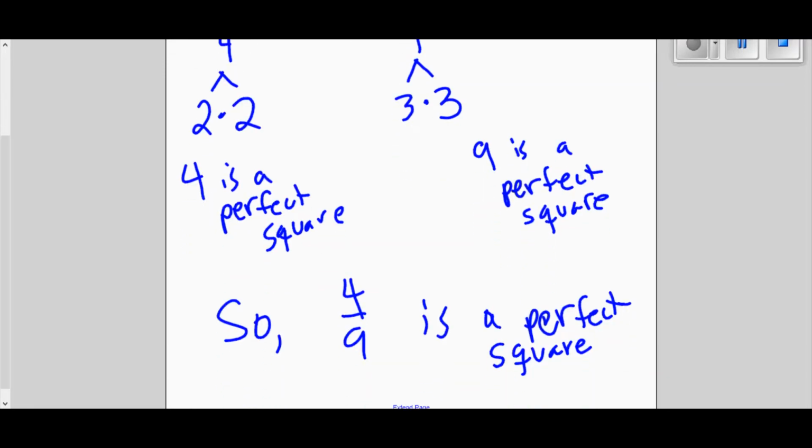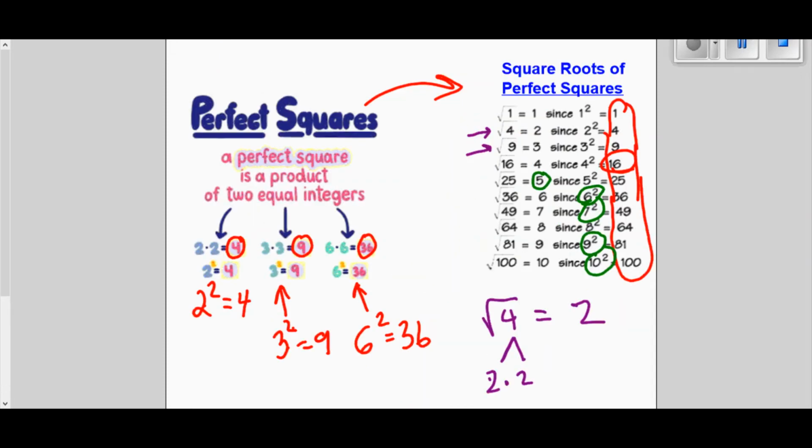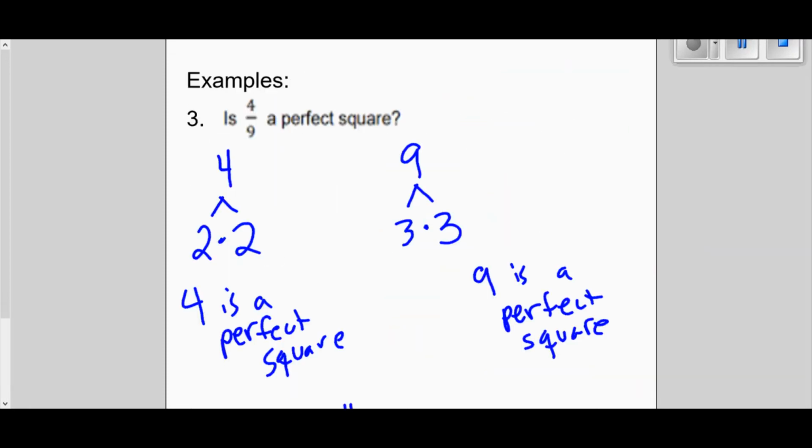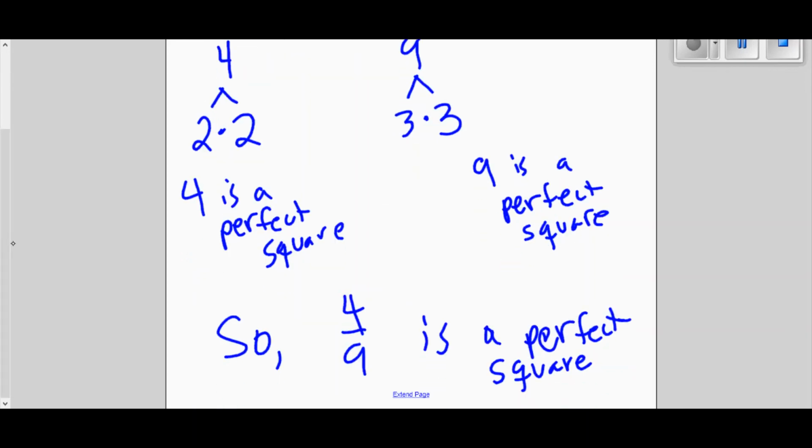So you're just checking, are both the numerator and the denominator perfect squares? Again, if you want to make life a little easier, just have this list of perfect squares up to 100. Have that out next to you as you're working through this, and it will help you be able to pretty easily identify what your perfect squares are.